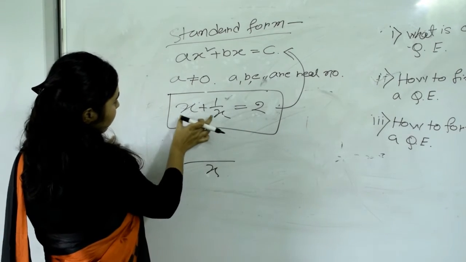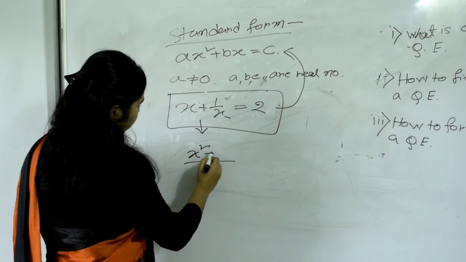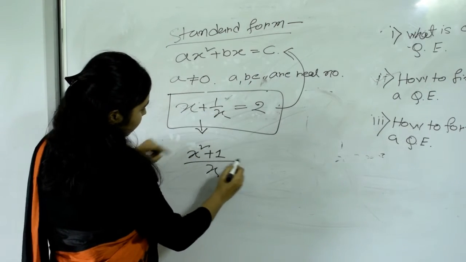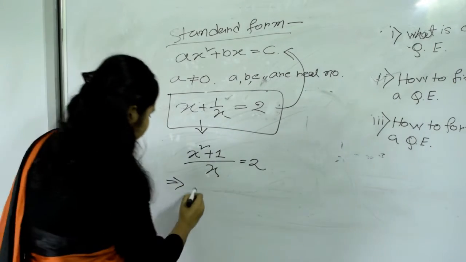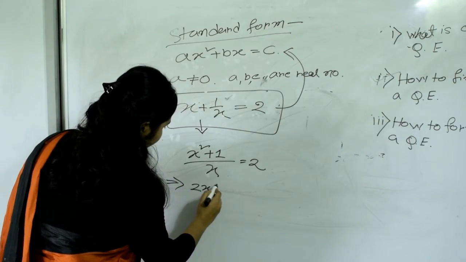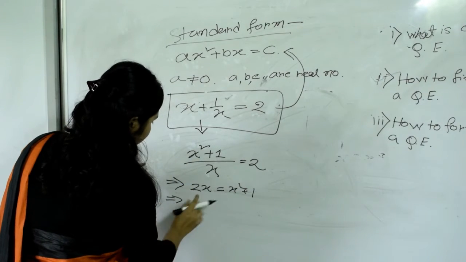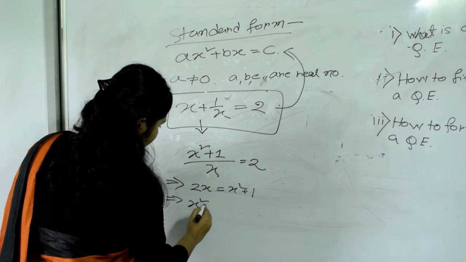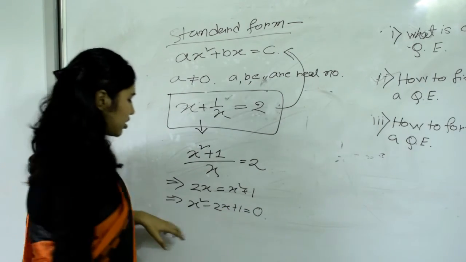Take the LCM of x and 1 by x, which is x. So here x square plus 1 is equals to 2x. Next, cross multiply. 2x equals to x square plus 1. Now take this 2x this side. So x square minus 2x plus 1 is equals to 0.